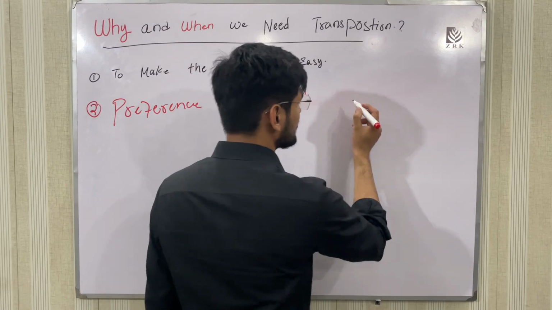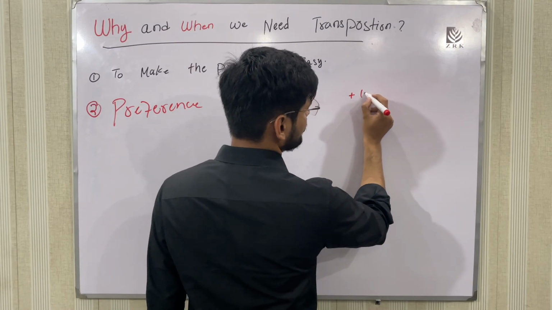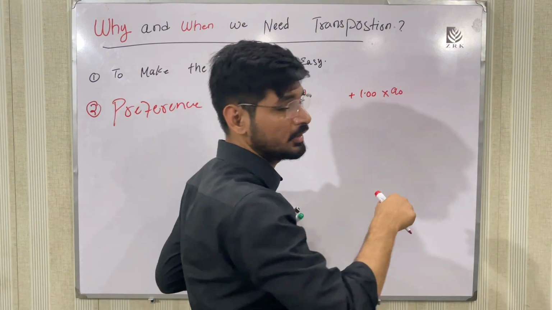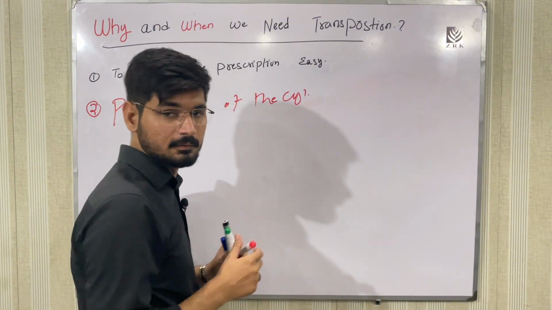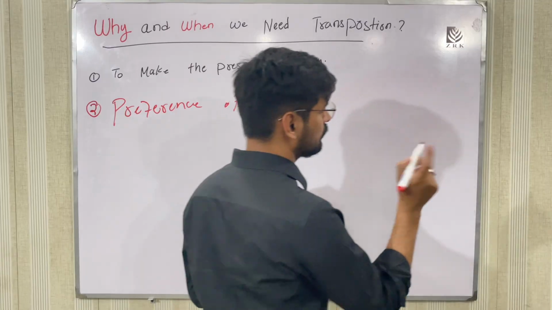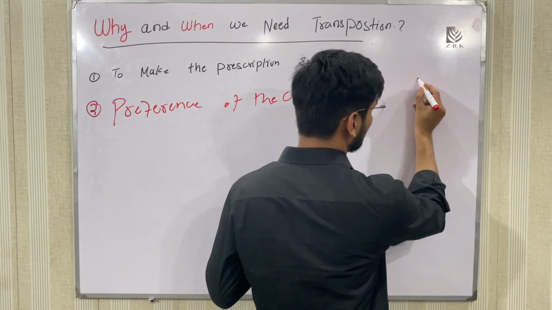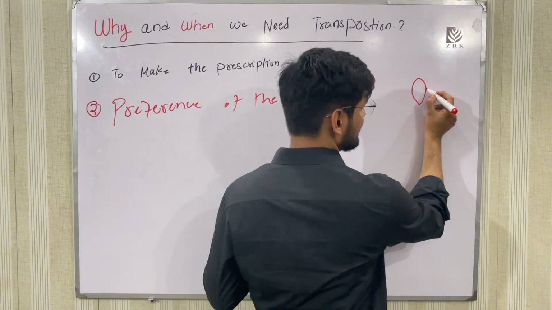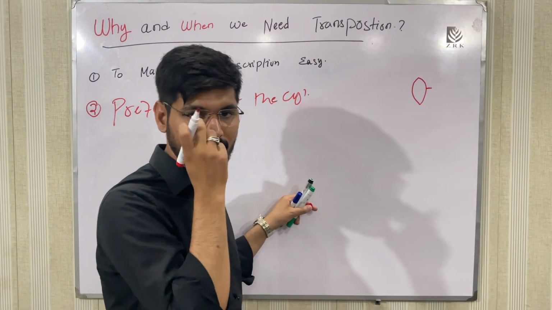For example, if my patient accepted plus cylinder at the axis of 90 degrees, then it is necessary for me to give a plus cylinder. Remember one thing: why do we avoid plus cylinder? We avoid the plus cylinder because plus cylinders are thicker in the center.